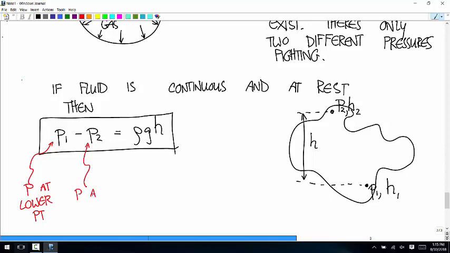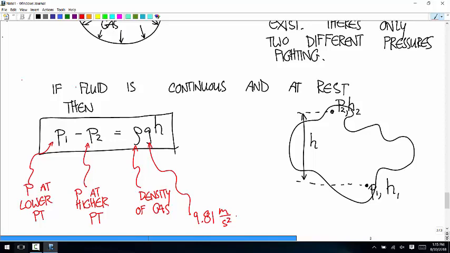P2 is the pressure at the higher point. Rho is the density of the gas. g is the gravitational constant, wherever you are. So at sea level, this is 9.81 meters per second squared. It'd be something else if you're doing this on the moon or whatever. And h is the difference in height.